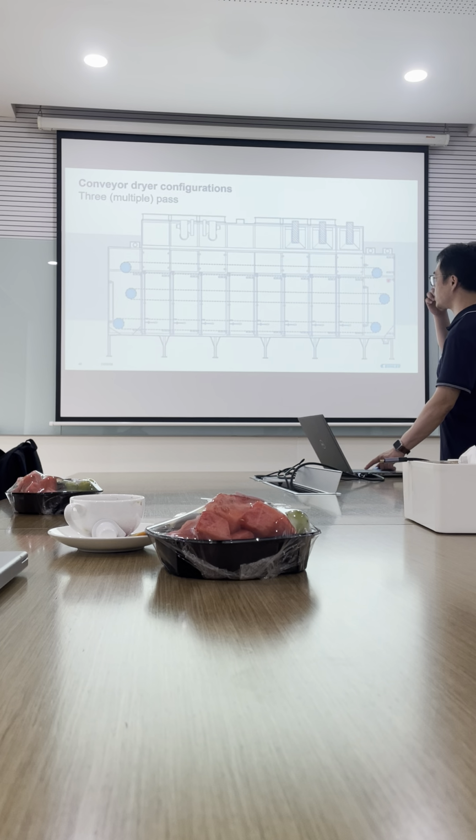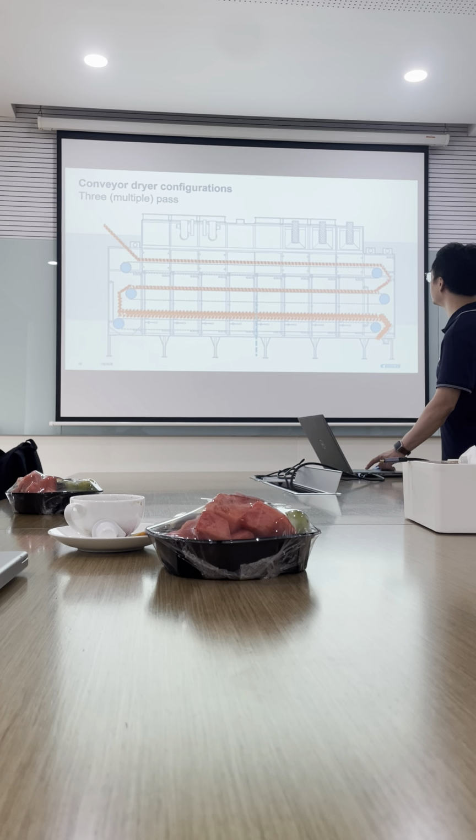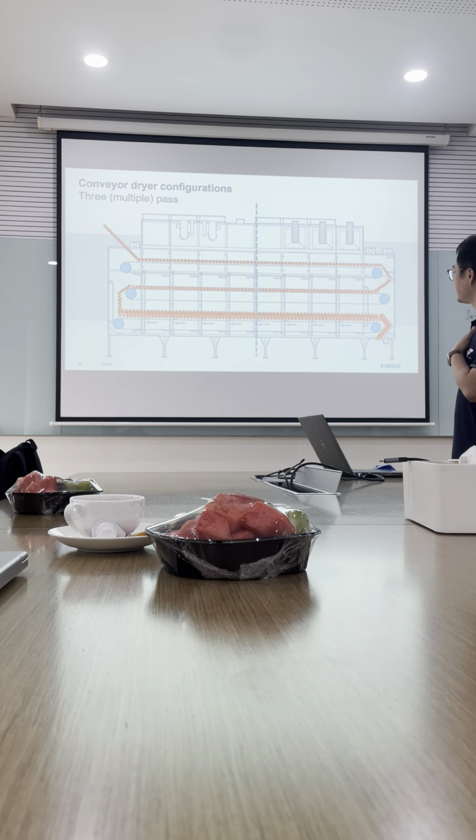This is the three pass. They are similar to the two pass. In this dryer, we have 3 bed plates, and each bed plate has its own motor.